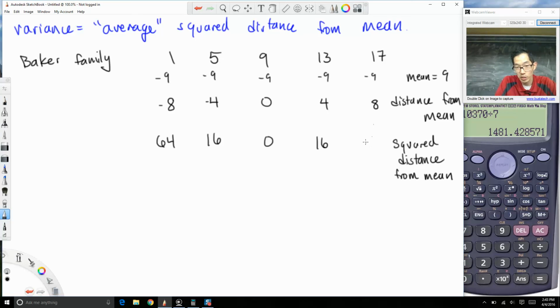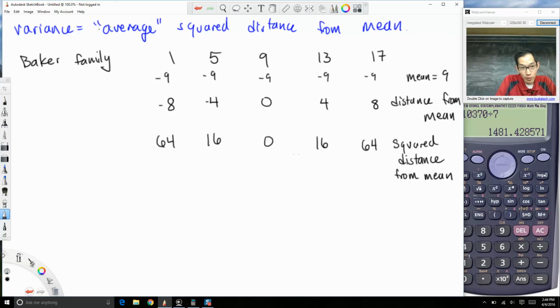And 8 squared is 64. So these are now the squared distances from the mean. So far, so good? If I wanted to take the average squared distance from the mean, I would add these up and divide by 5. That's what I would do if I wanted the average squared distance from the mean.